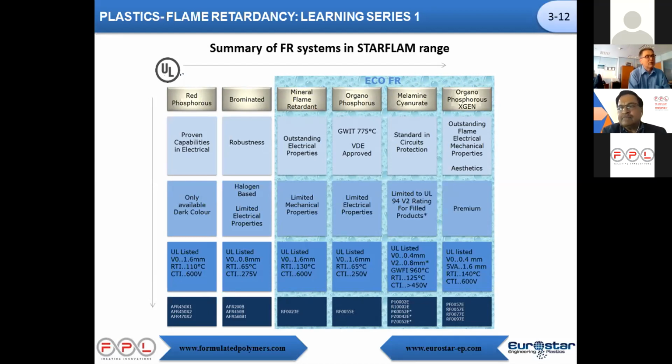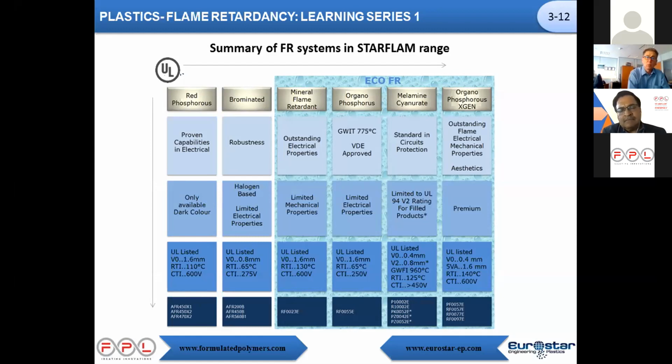We could spend hours on this one. It's not the topic today, but I think it will be the topic of the next webinar to go into more detail about what compromises to make and what we can expect from each flame retardant system. But this one is a good summary of what can be found.